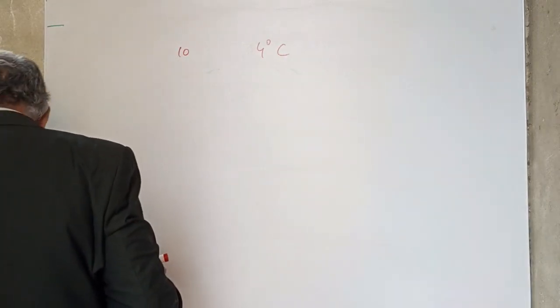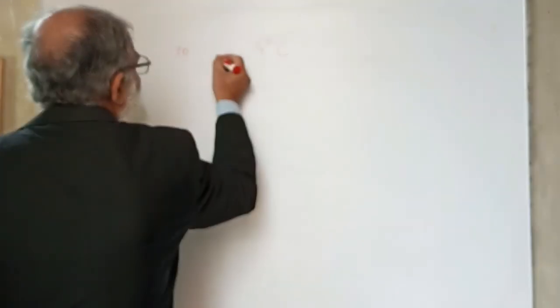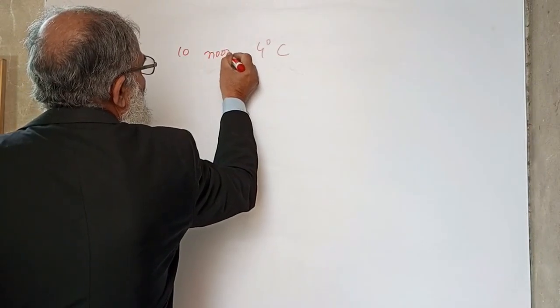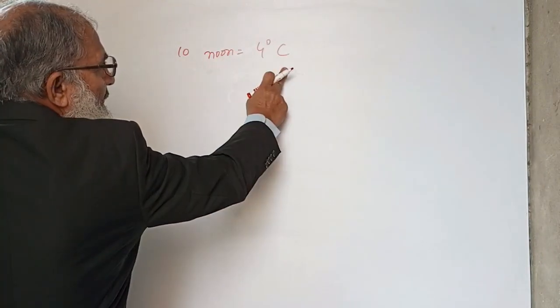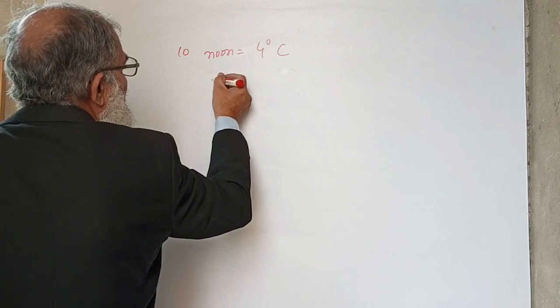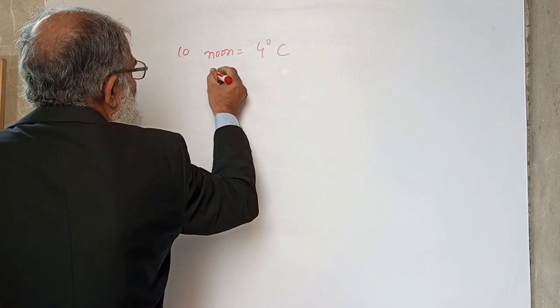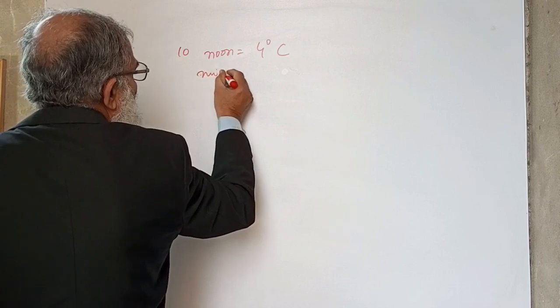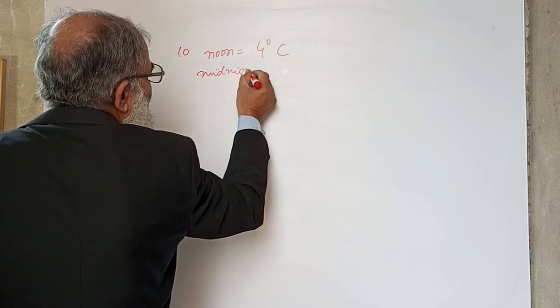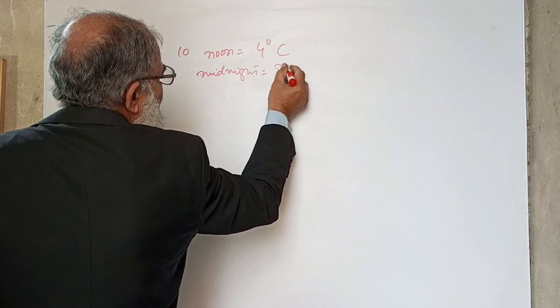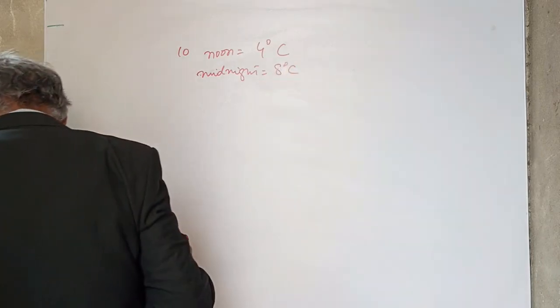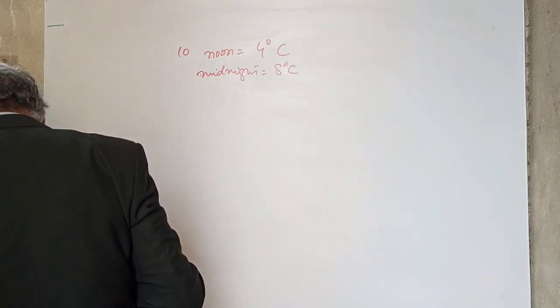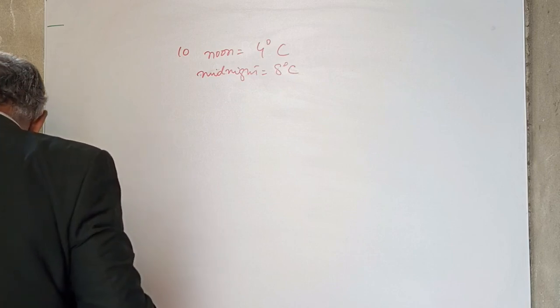By midnight, the temperature is 8 degrees lower. What is the temperature at midnight?